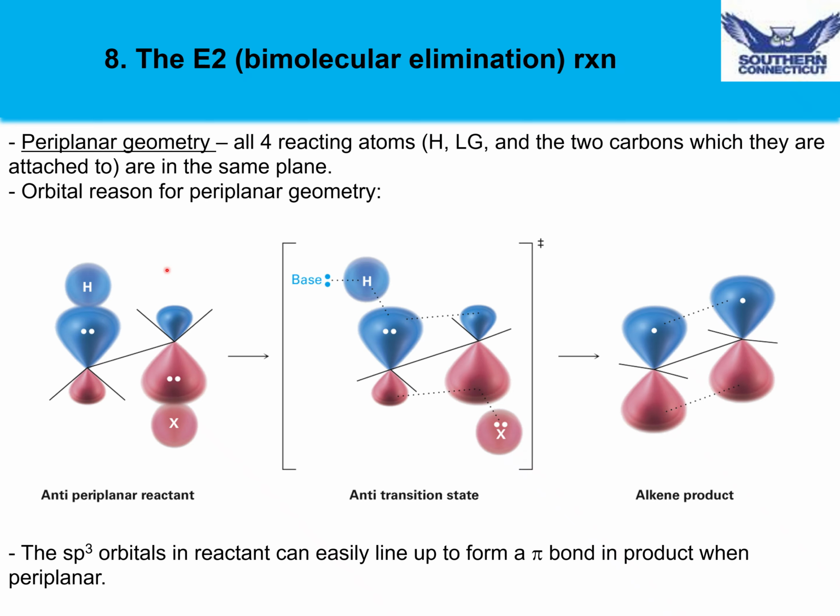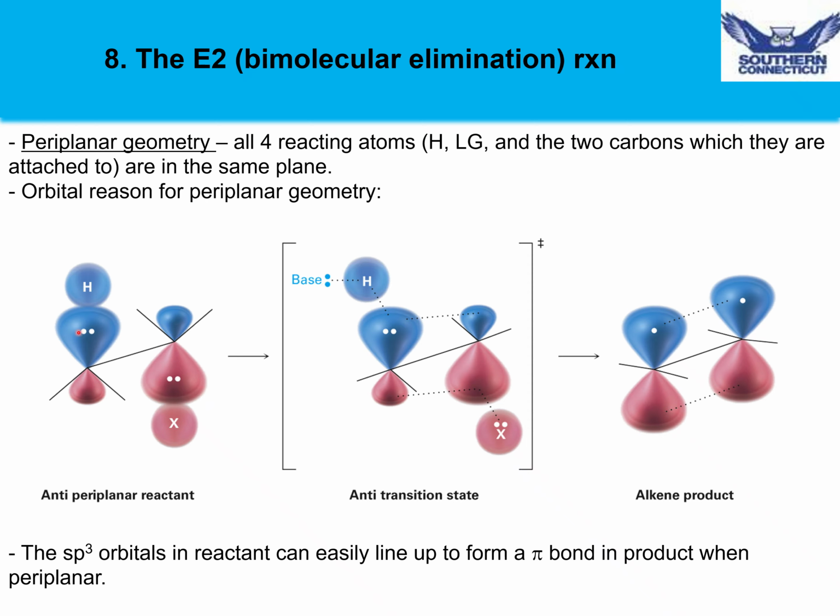There is an orbital reason of why this particular geometry is required for the elimination reaction, the E2 reaction. The explanation is that the sp3 orbital of this carbon that is used to make a bond to the hydrogen, and the sp3 orbital of this carbon, so the big lobe here and the smaller lobe is all part of the sp3 orbital of that carbon that is used to make a bond to this leaving group.